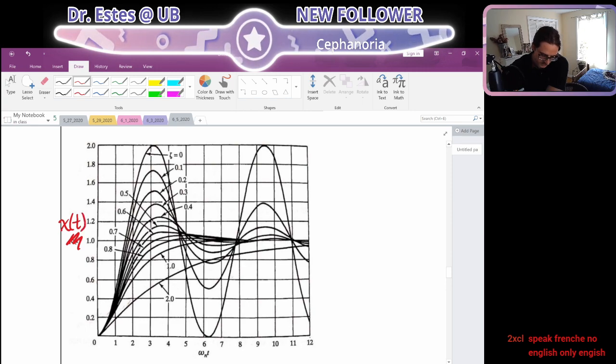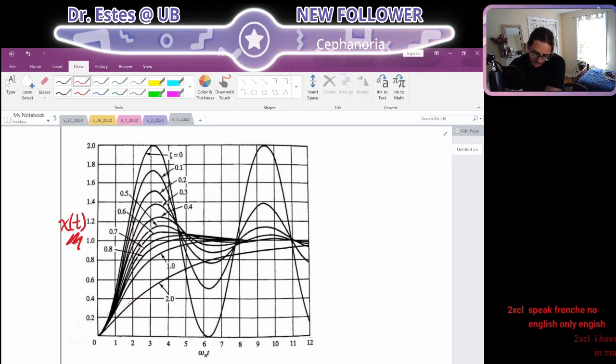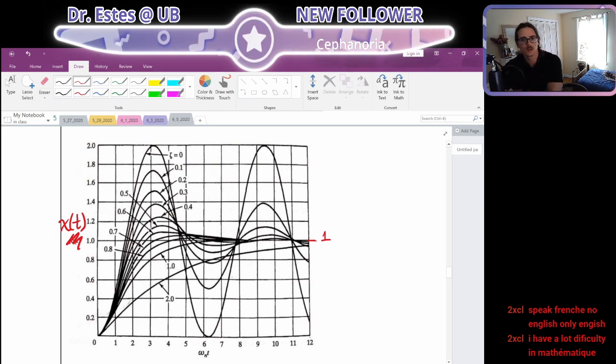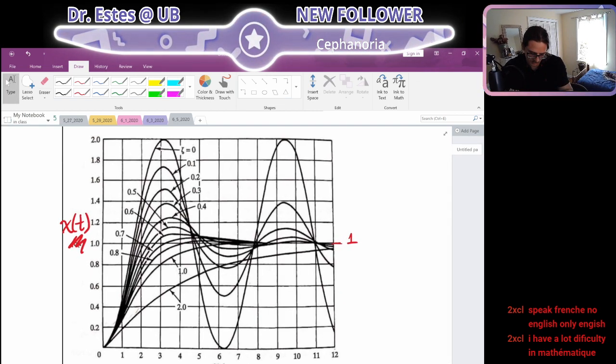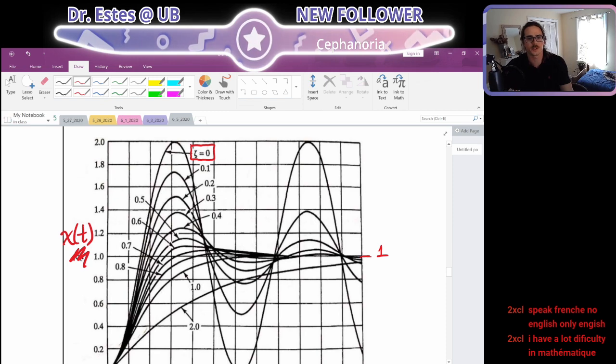Let's just call it x of t because that's what we solved for. They normalized this so that the final value always goes to 1. And notice, each of these lines is different in that the damping ratio is changing.